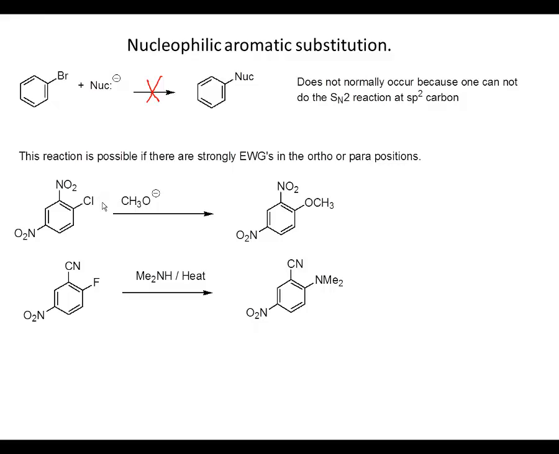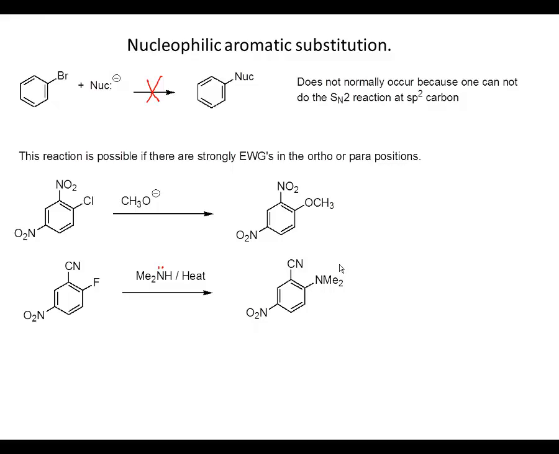When you have this type of compound, you can do the nucleophilic aromatic substitution. For example, reaction of this with methoxide ion very readily produces this compound here. Reaction with the nitrogen nucleophile readily produces the amine derivative.